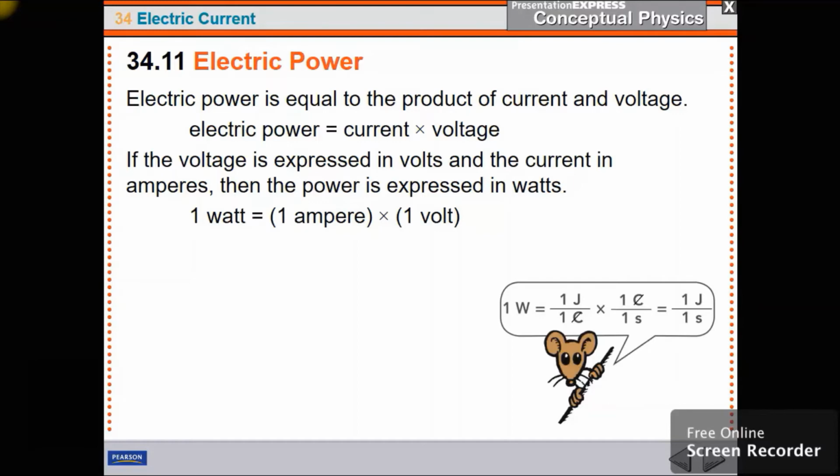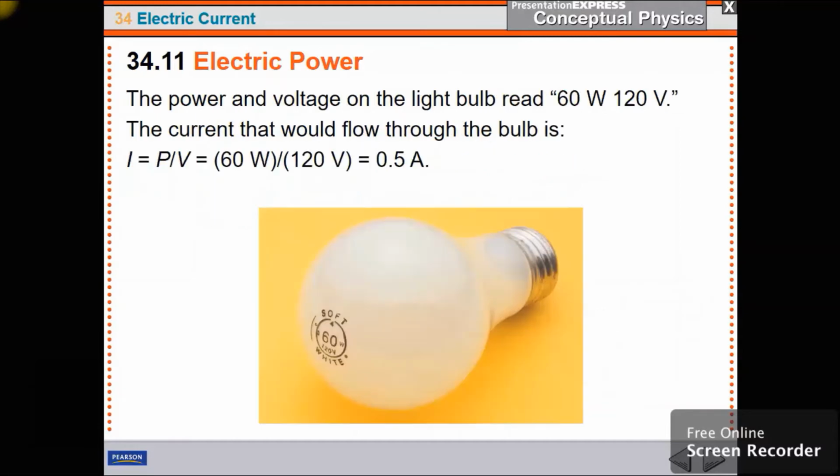We did mention watts back then. So watts is a unit of power, and that's what we're going to use for electricity. Okay, so that's electric power measured in watts, and power equals current times voltage.